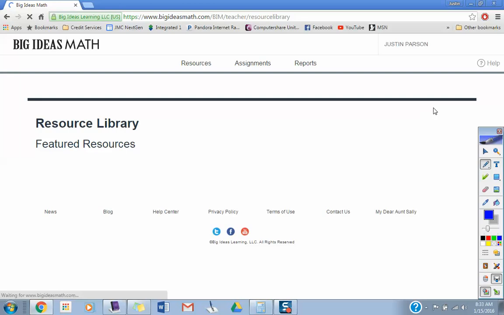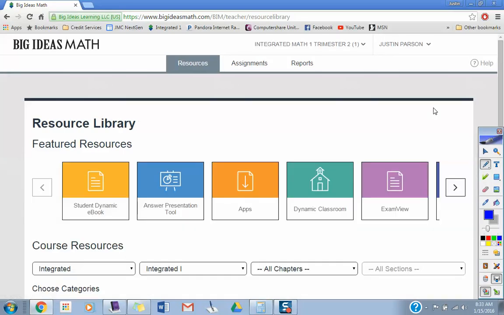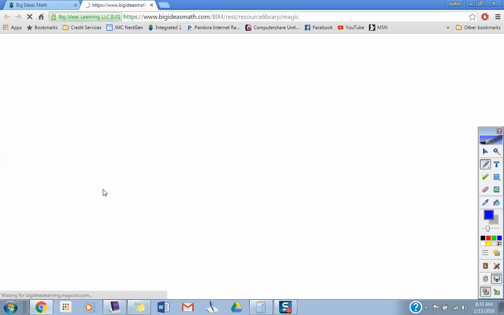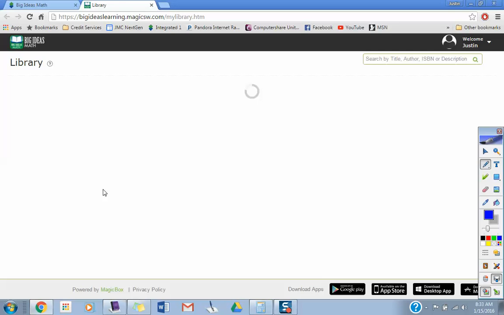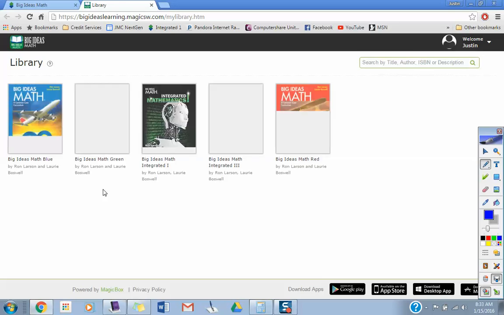And what I'd like you to do is to go to resources right here. Do you guys have an app tile that looks like this? It says Student Dynamic eBook. Yep, right down here. Why don't you click on that once you're in there. And while it's loading up here, I think your screen is almost exactly the way mine is.